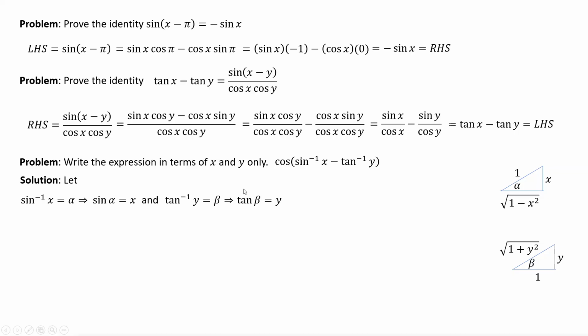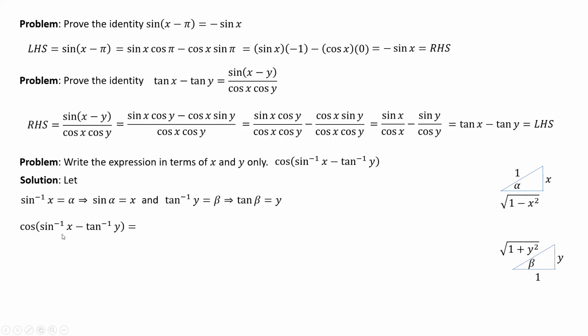So the question is, how is that going to help us figure out cosine of sine inverse x minus tan inverse y? Check this out. I think the first time I ever saw it, I was like, dang, that is pretty smart. We ourselves let sine inverse x be equal to alpha and tan inverse y equals beta.